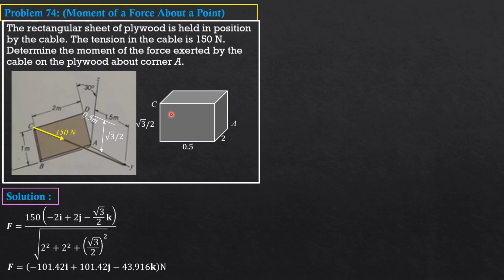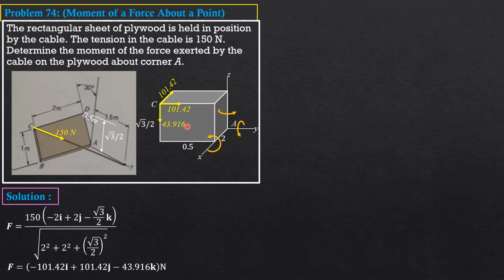So the force is at C and the components are the following. So MAX, this is the positive sense of moment. MAY, that's the positive sense of moment by right thumb rule. MAZ is that positive sense of moment.